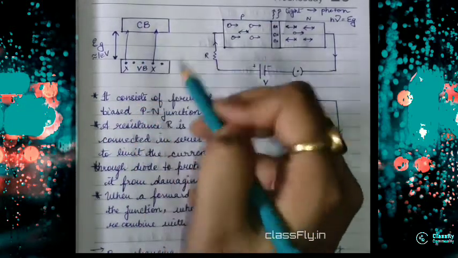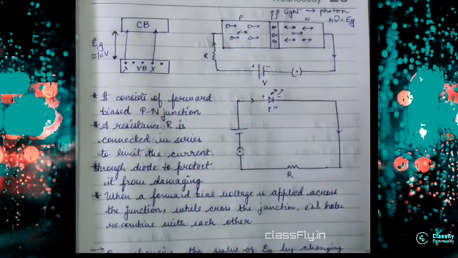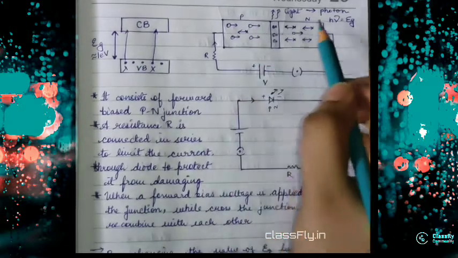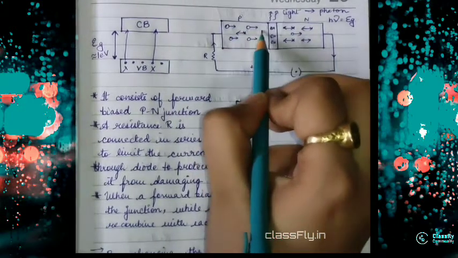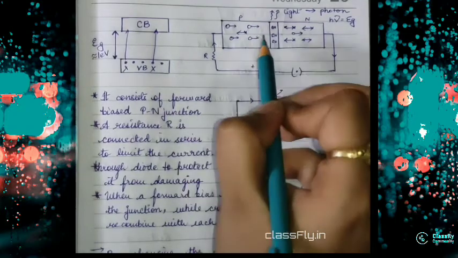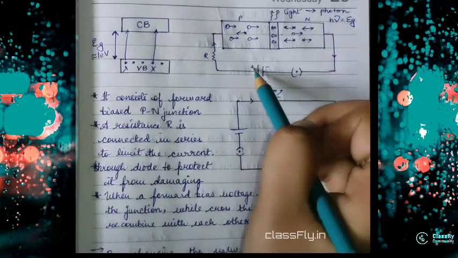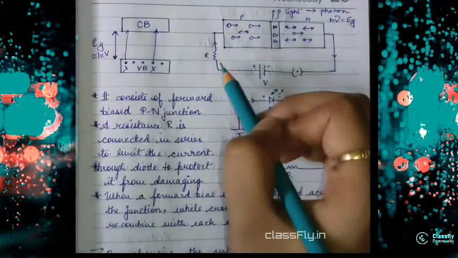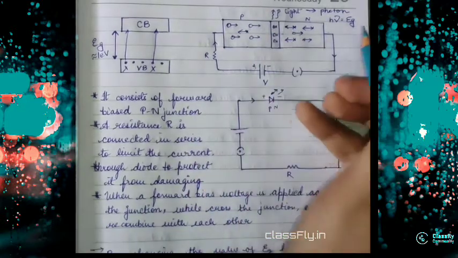So this is basically what we know about the carrier charges. Now this is the P type and this is the N type, and we know that the P type has majority holes and minority electrons. The P type is connected to the positive terminal, so positive charges repel each other and start moving towards the depletion layer.